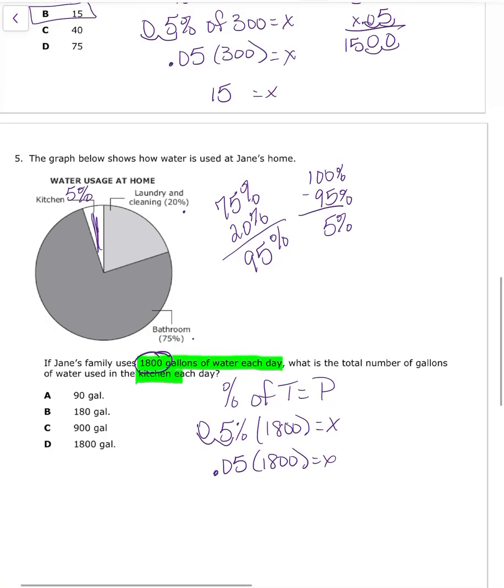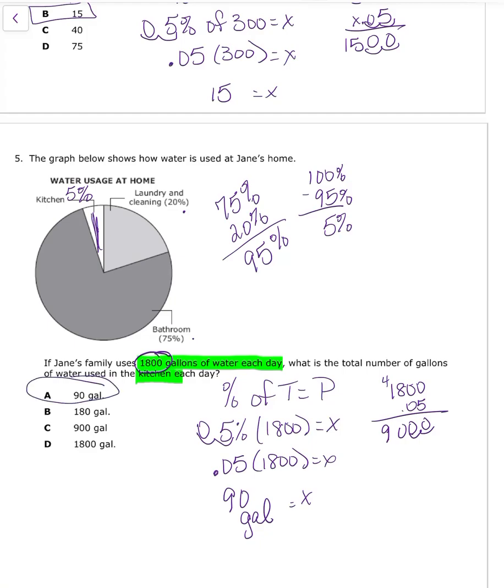Just going to go to the side and multiply it. Move it. So 90 gallons. Seems kind of little, but it would be little because 5% is not very much, right?